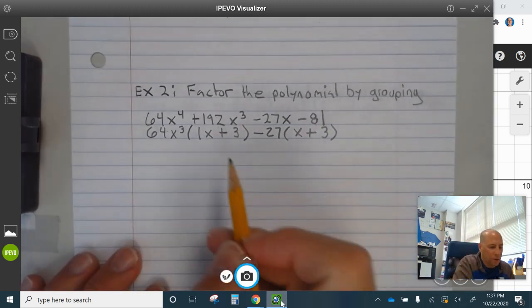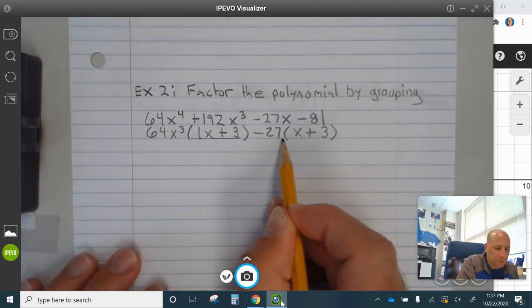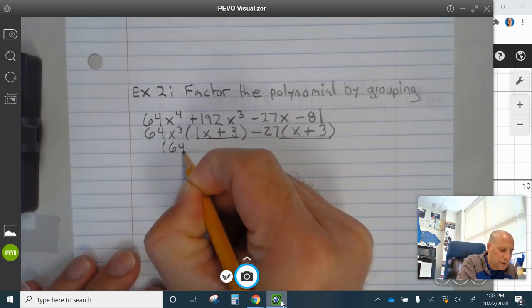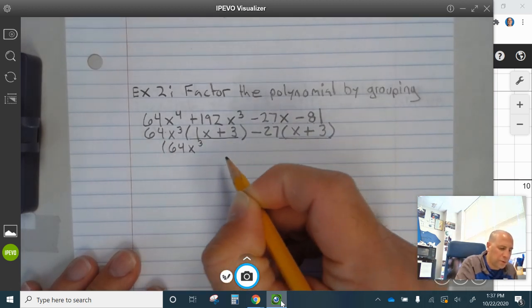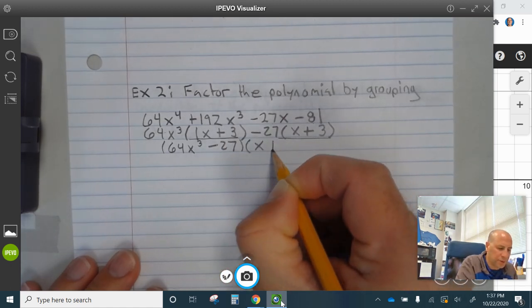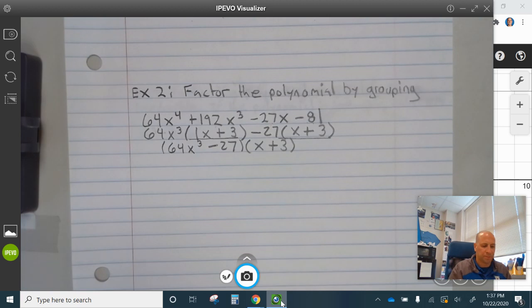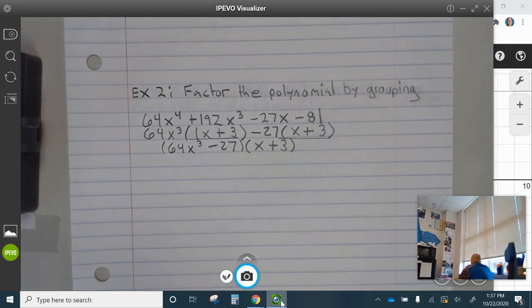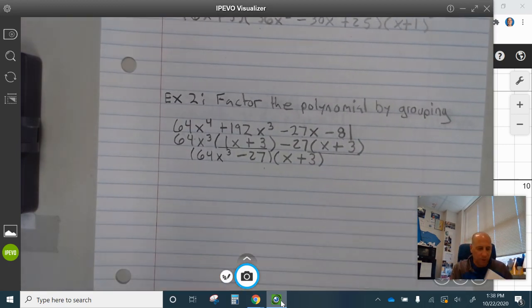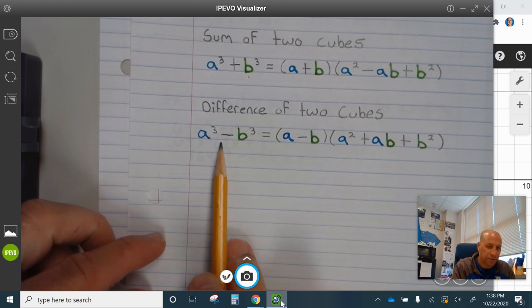Okay, now these are the same, so we can factor by grouping and we can group them together. So now that's 64x cubed minus 27 times x plus 3. All right, now this is a difference of cubes, so we're going to use this form right here.